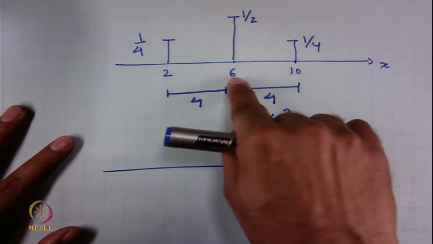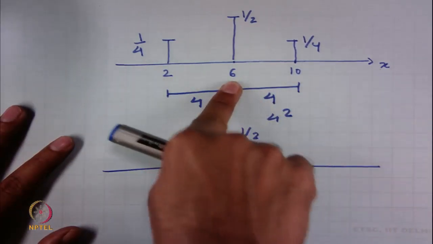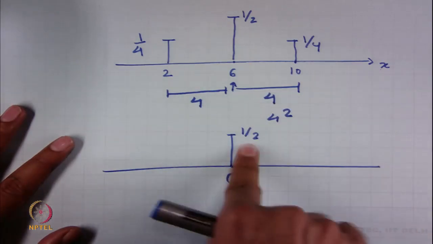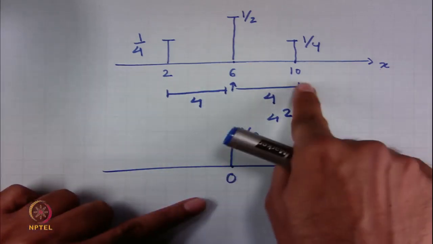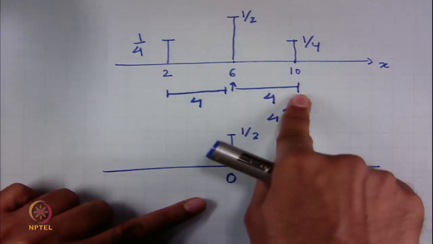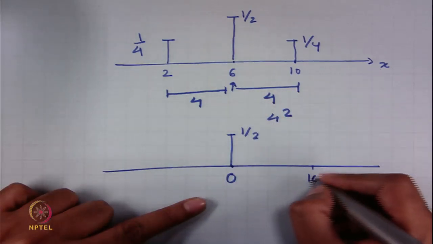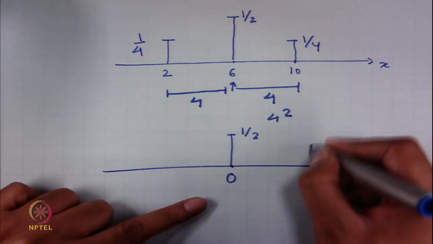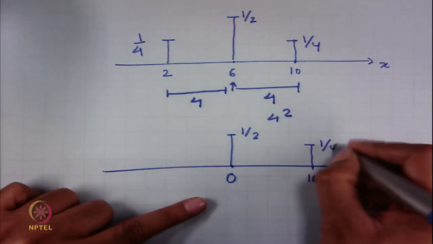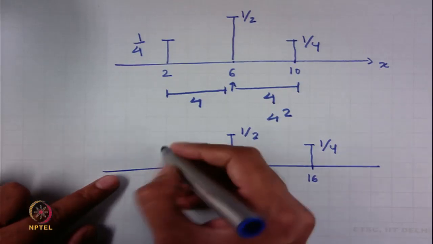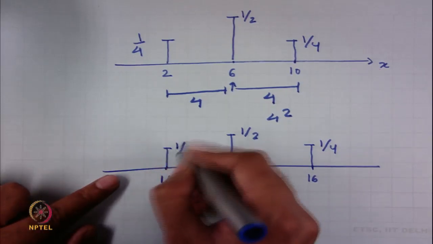I have subtracted the 6 from the mean, the mean is also 6. So, I get 0, and then I square 0, I get 0, and this point happens with the probability half. This point is at a distance of 4 from the mean, I square this and I get 16, and this happens with the probability 1 by 4, and this point again translates to 16, with the probability 1 by 4.